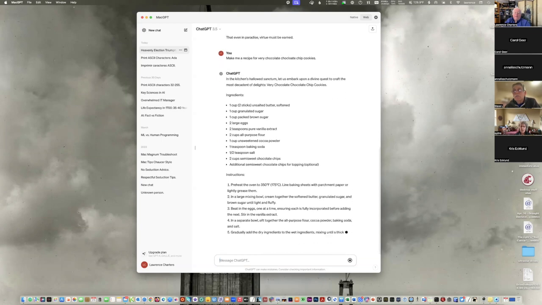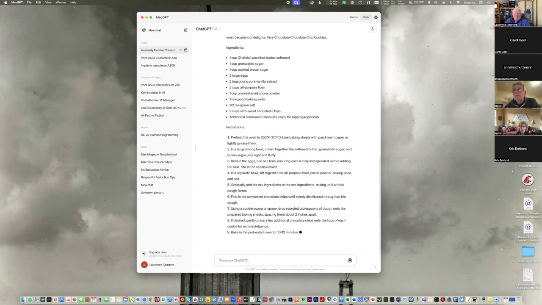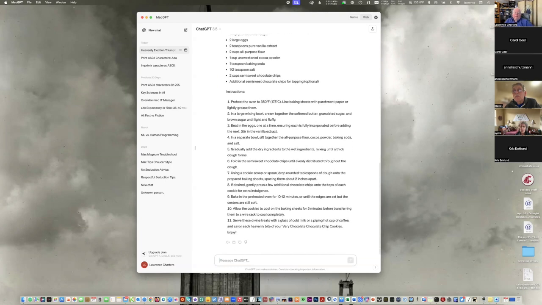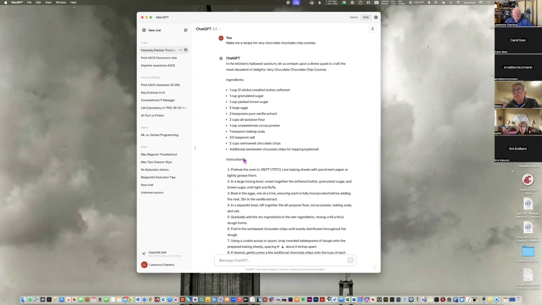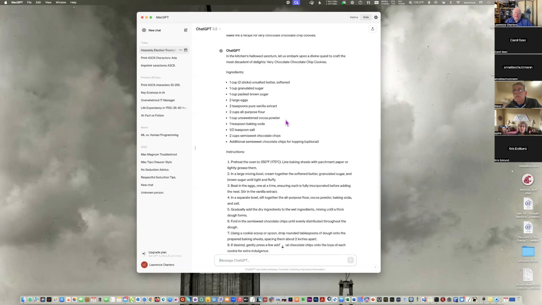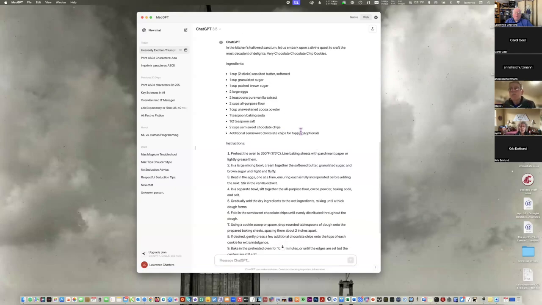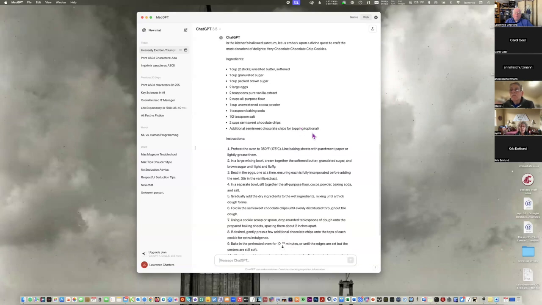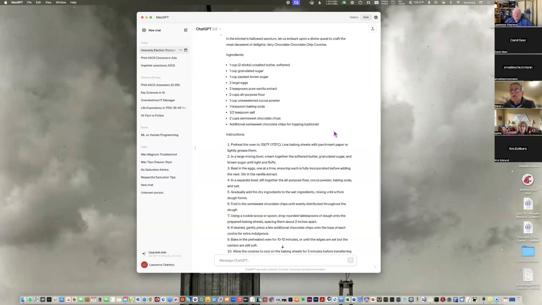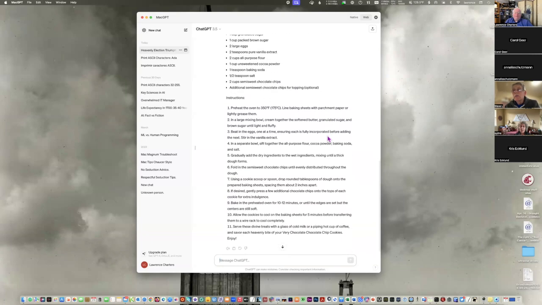Okay, now this actually looks like a fairly decent recipe: 1 cup, 2 sticks unsalted butter, softened, 1 cup granulated sugar, 1 cup brown sugar, 2 large eggs, 2 teaspoons pure vanilla extract, 2 cups all-purpose flour, 1 cup unsweetened cocoa powder, 1 teaspoon baking soda, 1/2 teaspoon salt, 2 cups semi-sweet chocolate chips, additional semi-sweet chocolate chips for topping optional. Preheat the oven to 350 degrees.